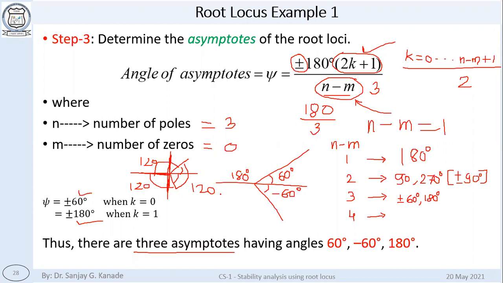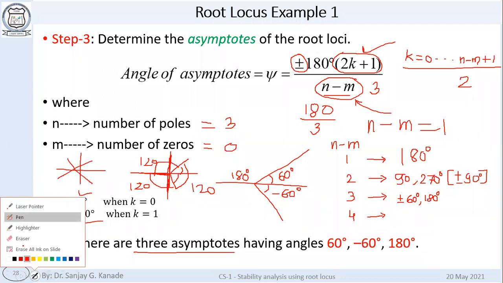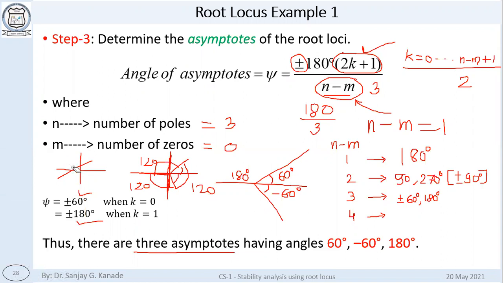So if there is 4, again we are going to get 4 equal parts of the plane. And how will they be? They will be like, sorry for my drawing. The angles would be 45 and minus 45, right?